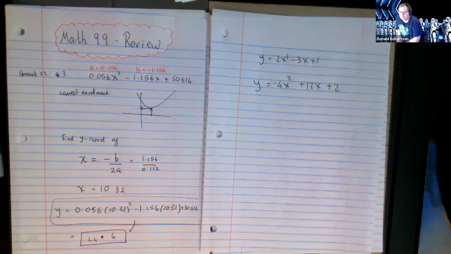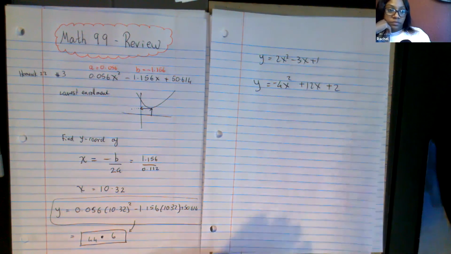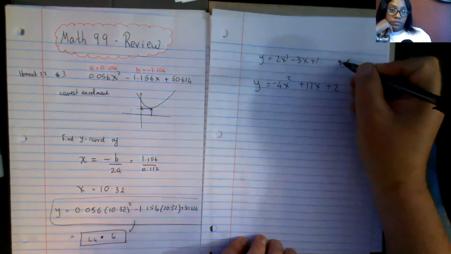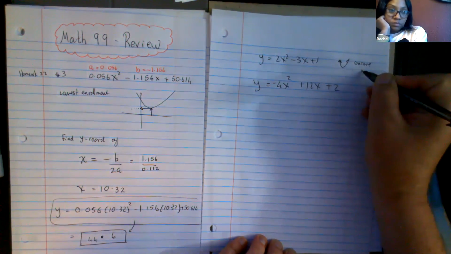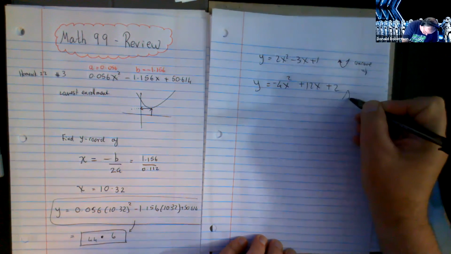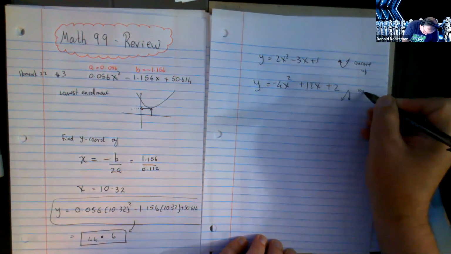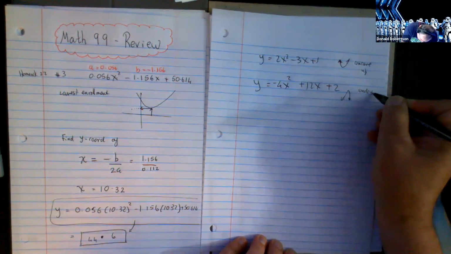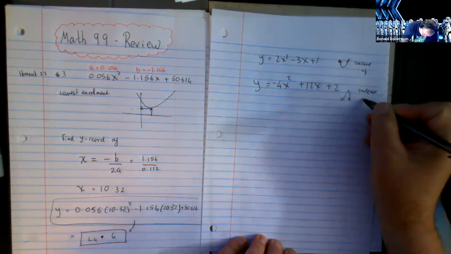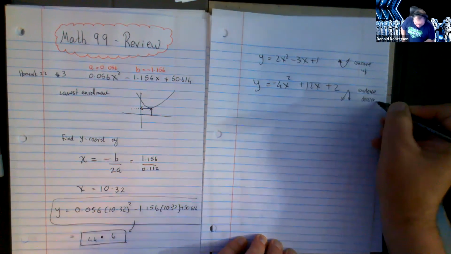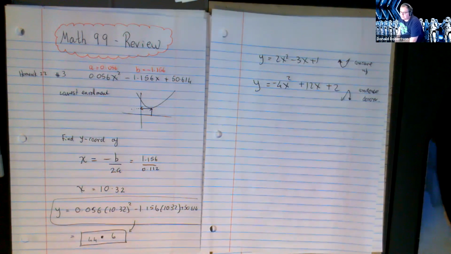Which one of them looks like a happy face? The top one? Great. And the other one is concave down. Great. How can you tell?